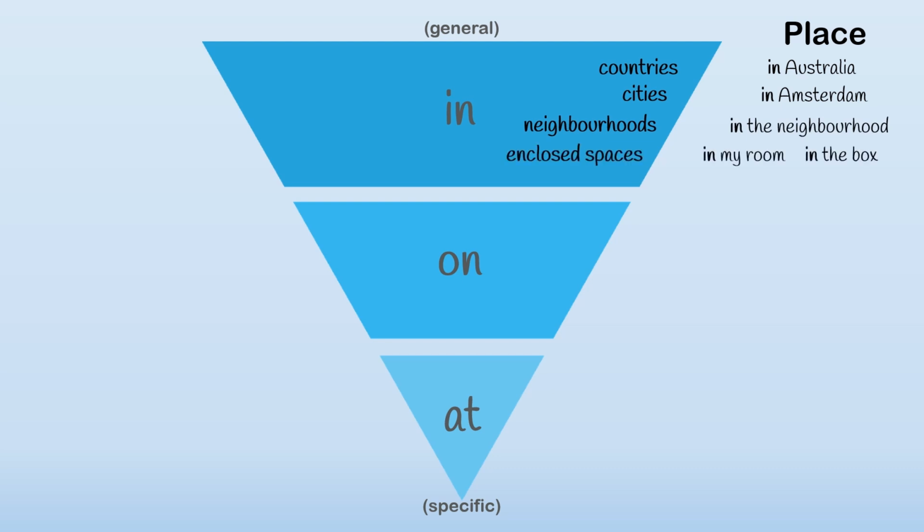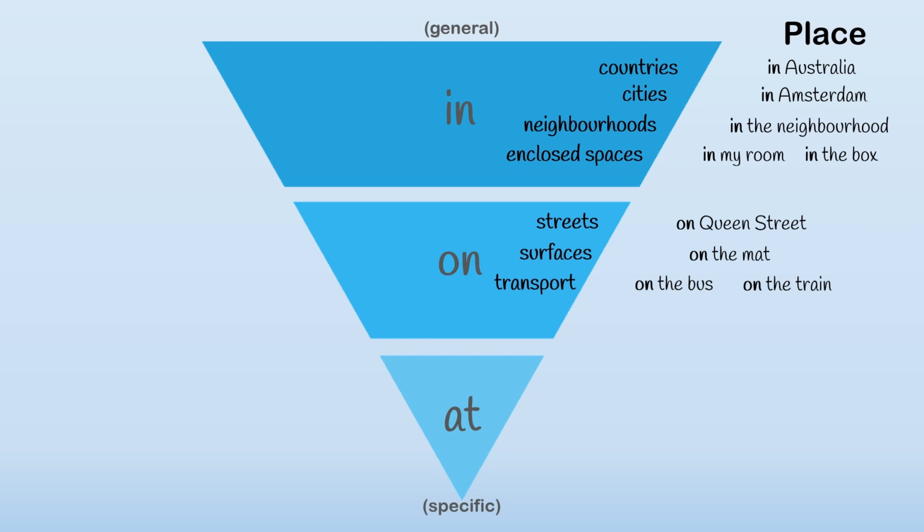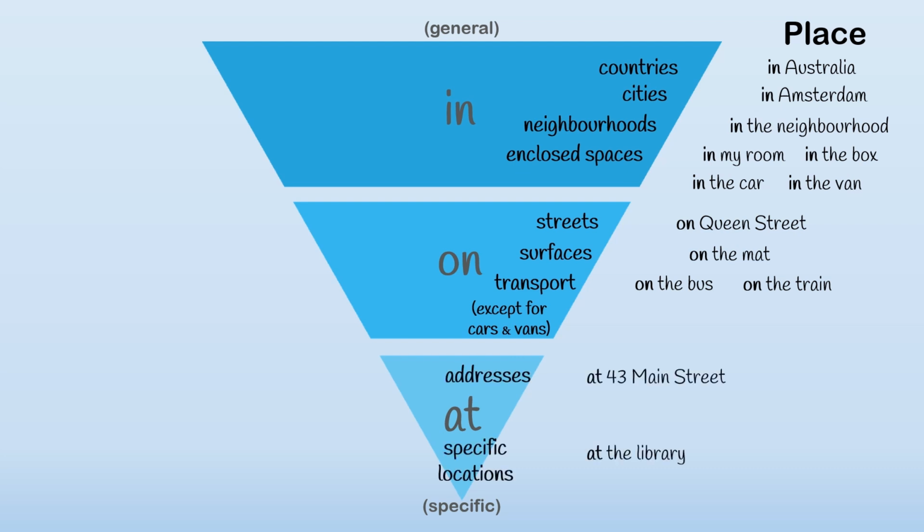We use on for streets, surfaces, and transport. Except, that is, for cars and vans. For these, we say in the car, in the van. We use at for precise places, like addresses or specific locations.